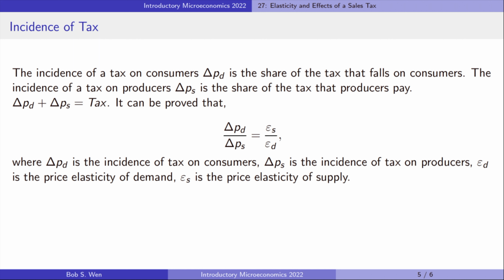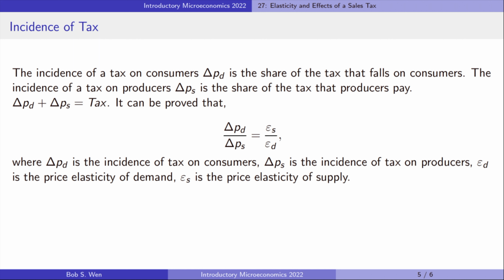The incidence of the tax is unaffected by whether the tax is collected from consumers or producers. What determines the tax incidence? The answer is the price elasticities of demand and supply.